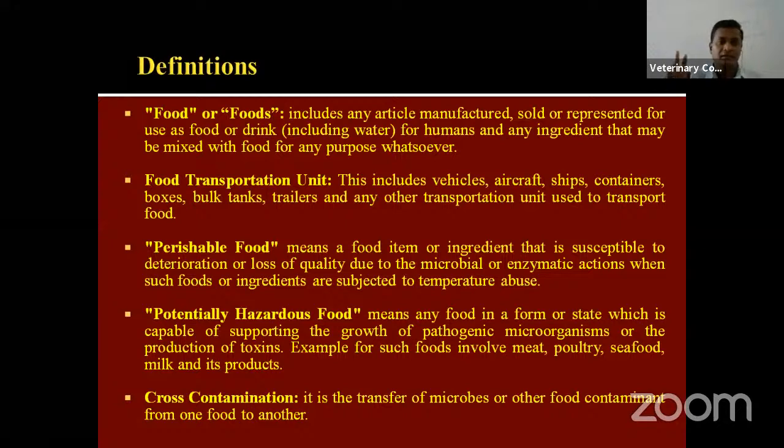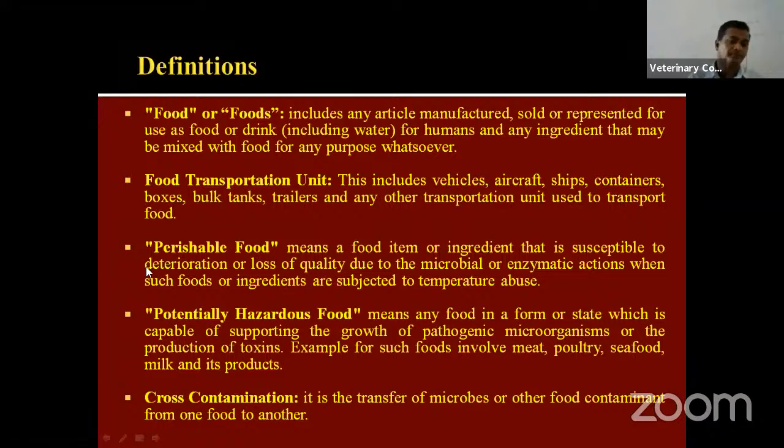Then food transportation unit: any unit that carries the product from one side to the other side is the food transport unit. Let it be the truck, let it be rail, aircraft, ship, container, all that is the food transportation unit.